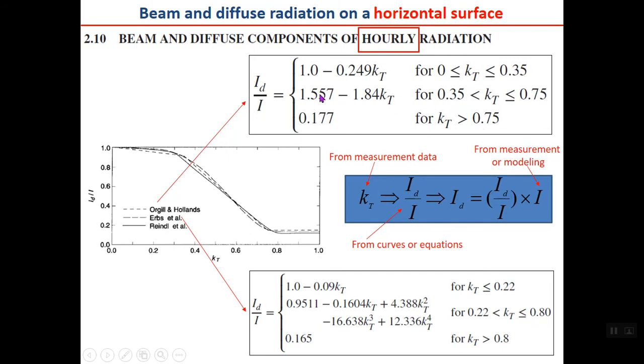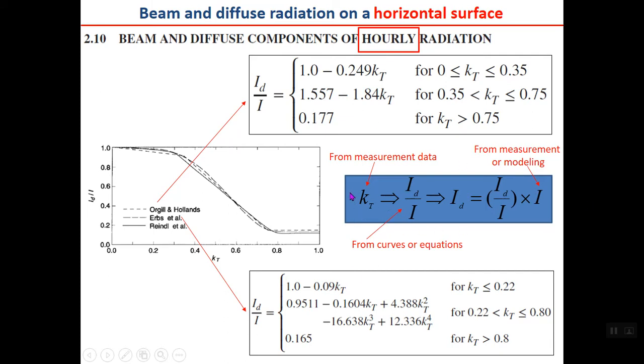For example, here in the middle, you have this correlation, before 0.35 you have this equation, and finally for kT bigger than 0.57, the value is a constant equal to 0.177. There are also other correlations. For example, Erbs defines the ratio as this.